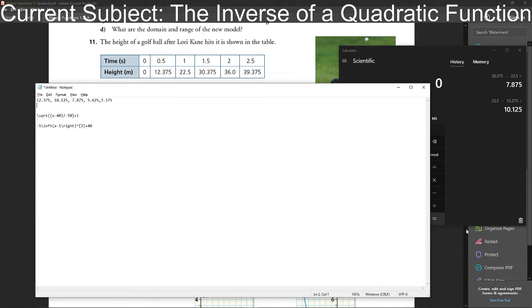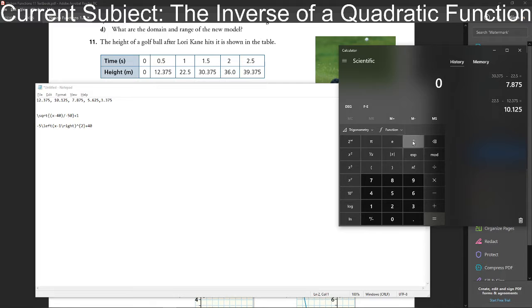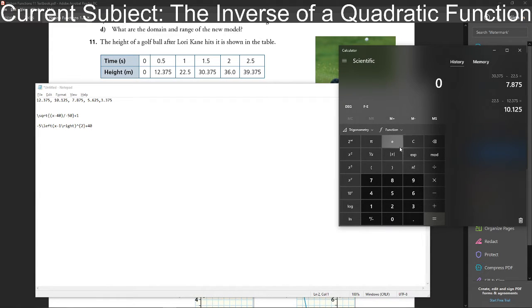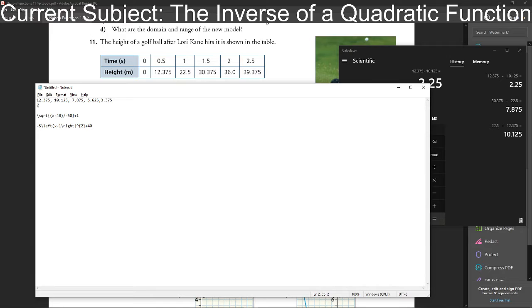All right, and our second difference is going to be, oh, I lost my train of thought there. So we're doing 12.375 minus 10.125, 2.25.